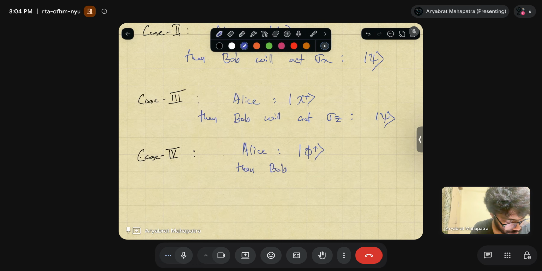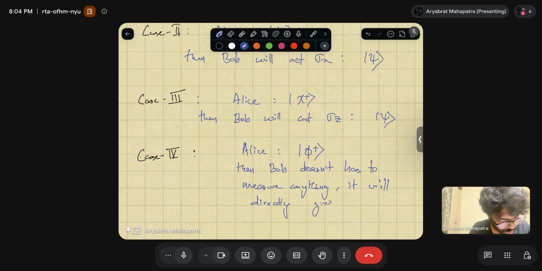Bob doesn't have to measure anything, because it will directly give the minus sign. So yes, this is the four-way case.